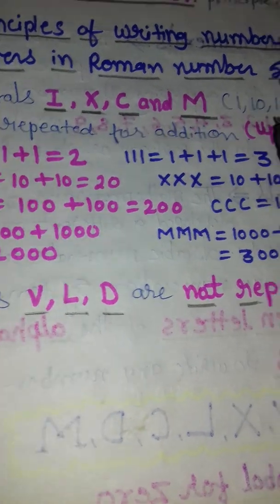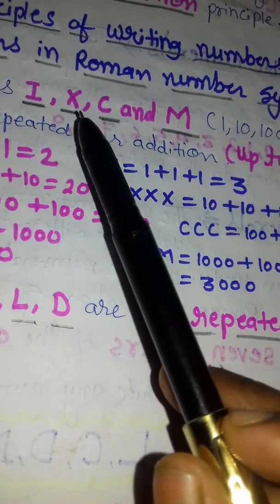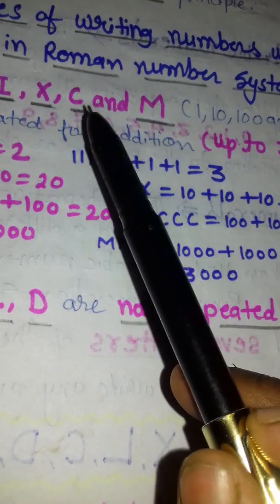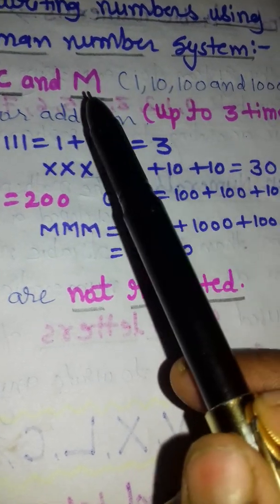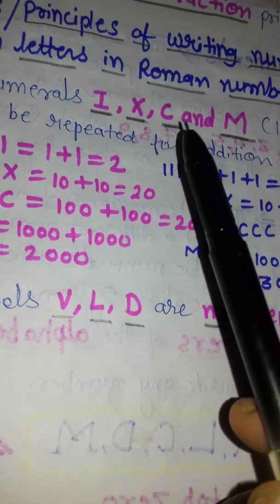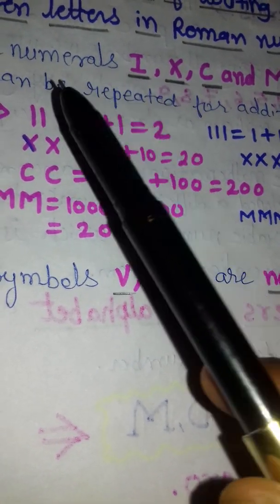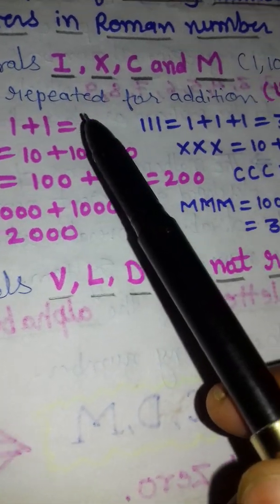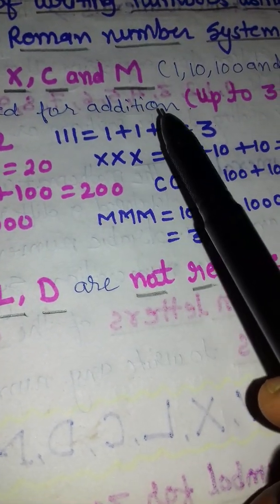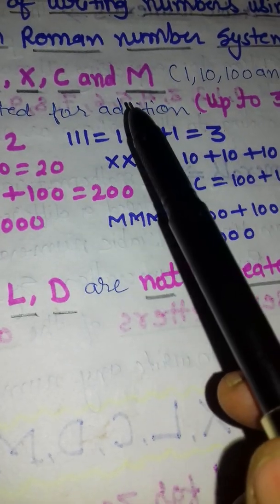Which values according to Hindu-Arabic? I stands for 1, X stands for 10, C stands for 100 and M stands for 1000. Okay. They can be repeated for addition.